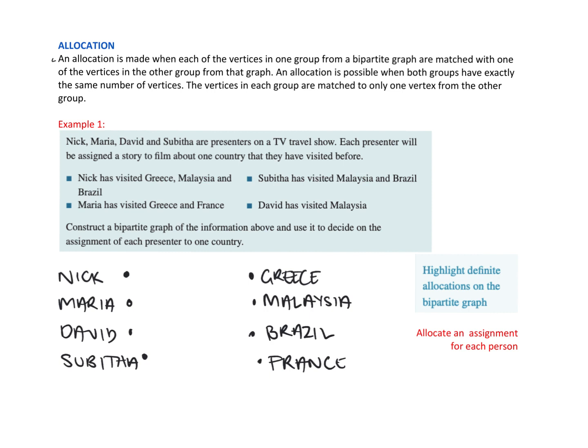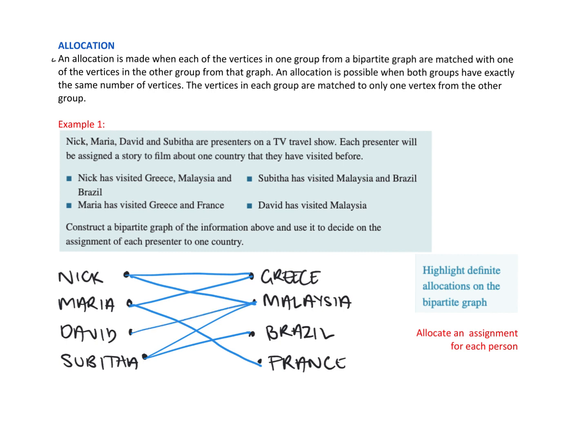So Nick can go to Greece and he can go to Malaysia. He's been to Malaysia, so he could do the presenting on that. Maria has been to Greece and she's been to France. Sabitha has been to Malaysia and Brazil. And David has been to just Malaysia.